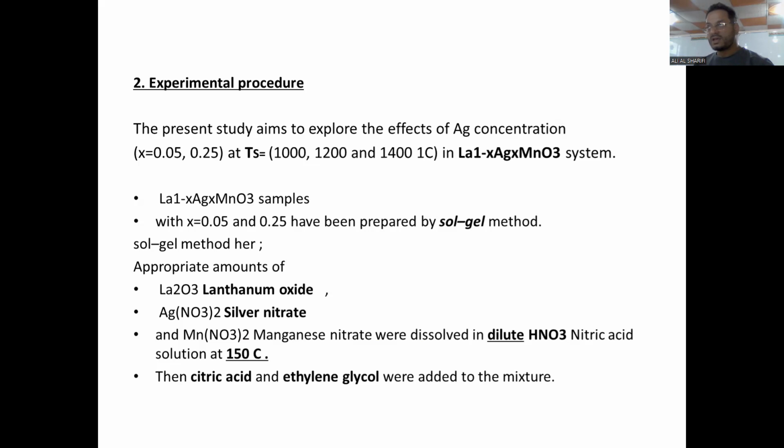Like I said, some articles increased the nanoparticles by using these agents, I mean the citric acid and ethylene glycol, from 70 nanoparticles to more than 120 or something like that. That's why we use citric acid and ethylene glycol, because they are good agents to increase the nanoparticles as much as possible.